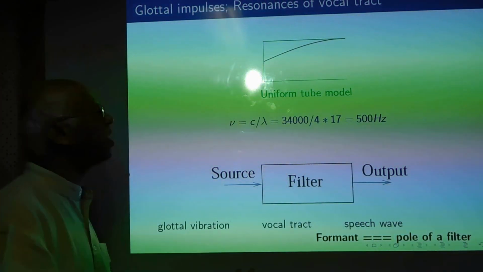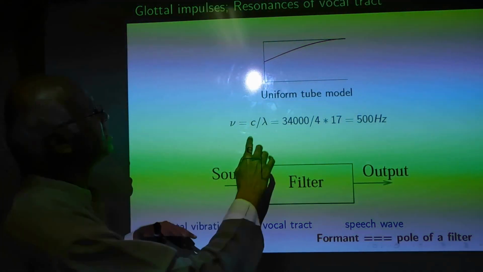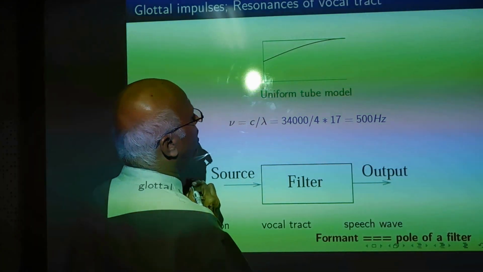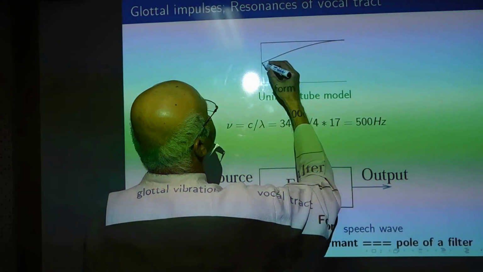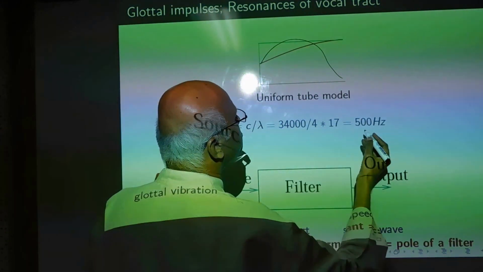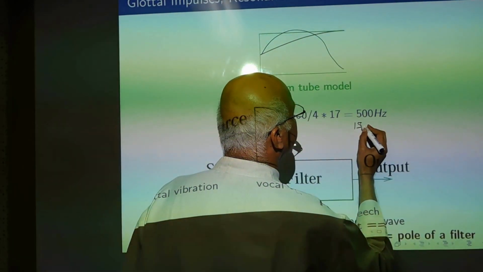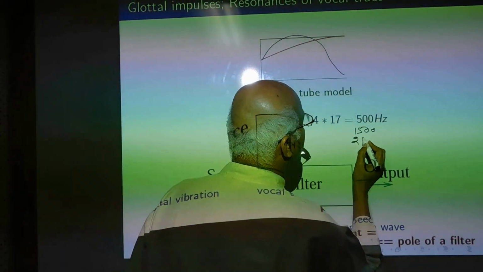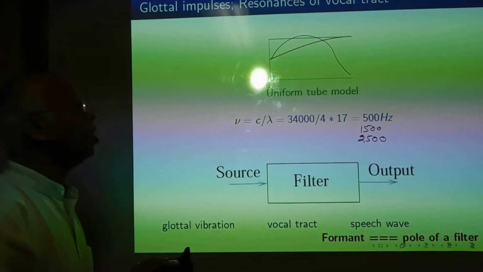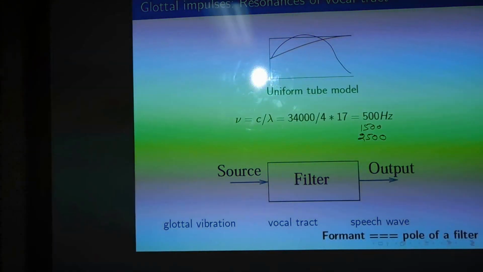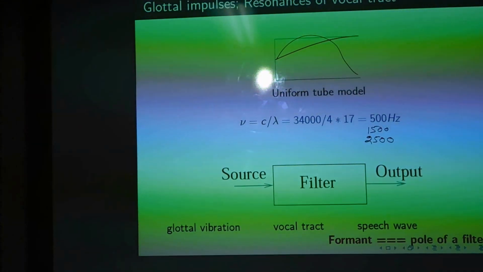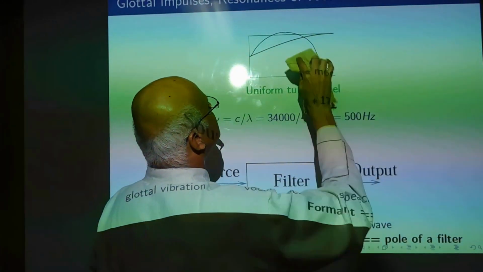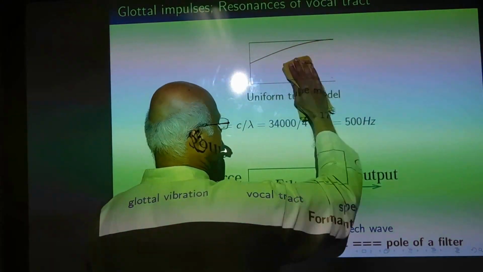It turns out to be around 500 hertz. In fact, it not only vibrates at 500 hertz, but also at odd multiples of 500 hertz: 1500 hertz, 2500 hertz, and so on. So this is what a simple physics model tells about the frequencies of such a model of the vowel A.